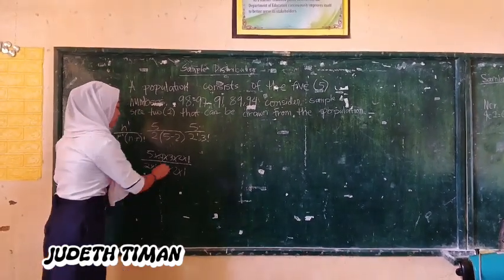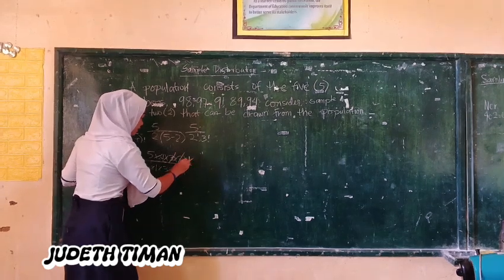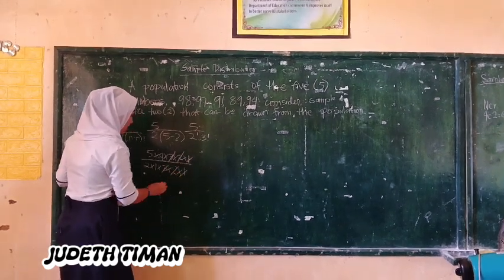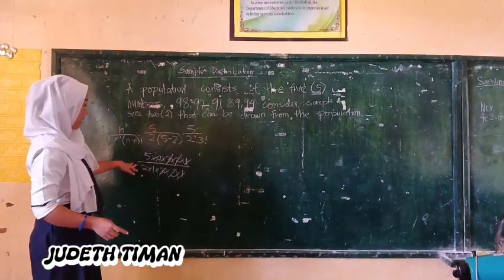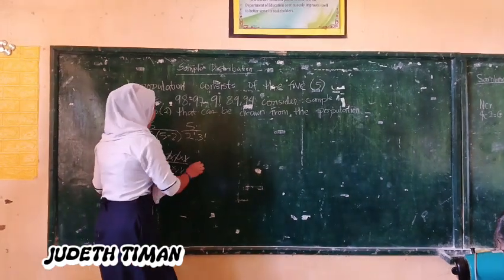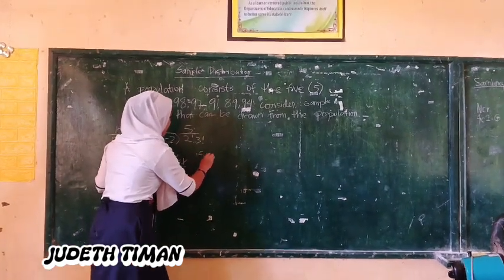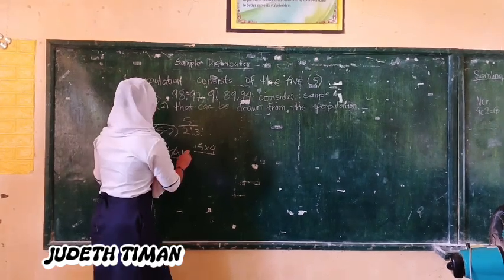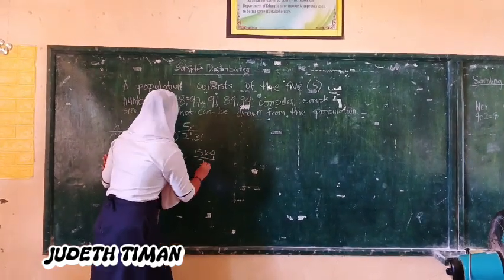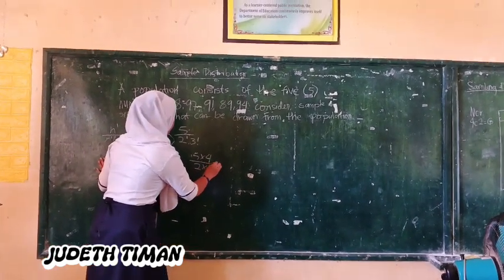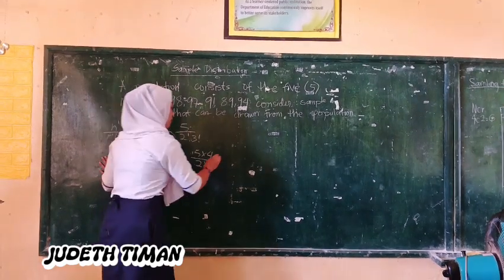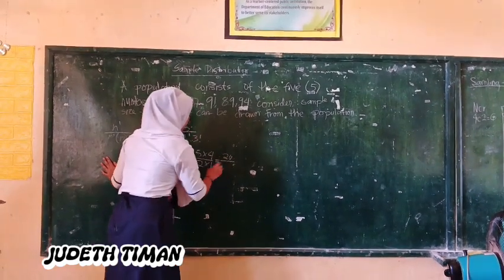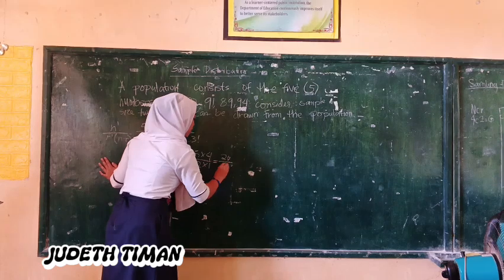Cancel the common terms. So we only have 5 times 4 over 2 times 1. 5 times 4 is equal to 20, 2 times 1 is equal to 2.